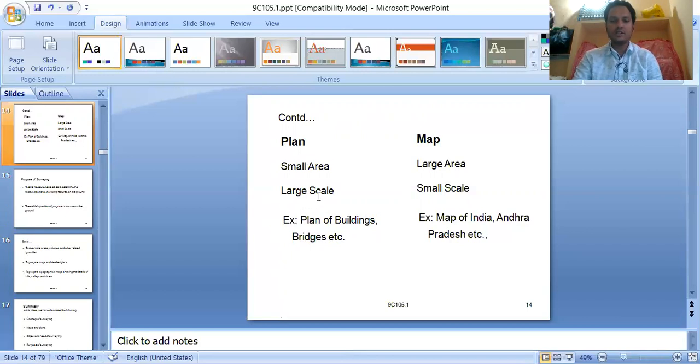Here we have to understand the second point: large scale and small scale. Plans are drawn to large scale compared to maps. There is a difference between large scale and small scale. Small scale means large distances are shown as smaller values, just like 1 is to 100, 1 is to 1000.